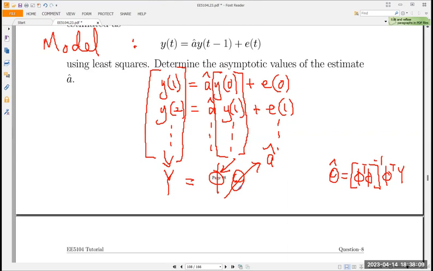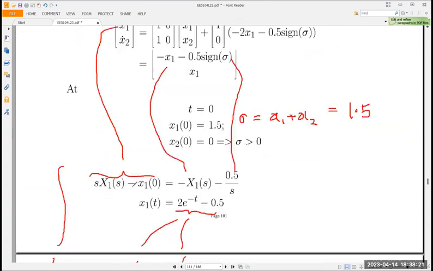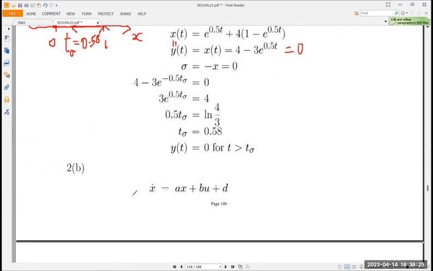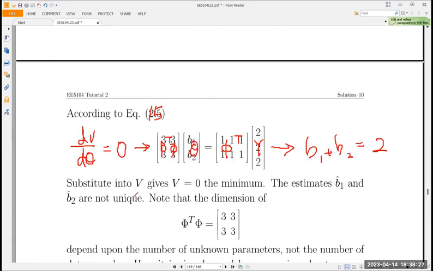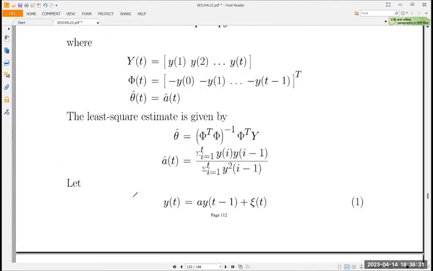If you do all this maths manipulation, let's look at the solution. Okay, there's a transpose here.